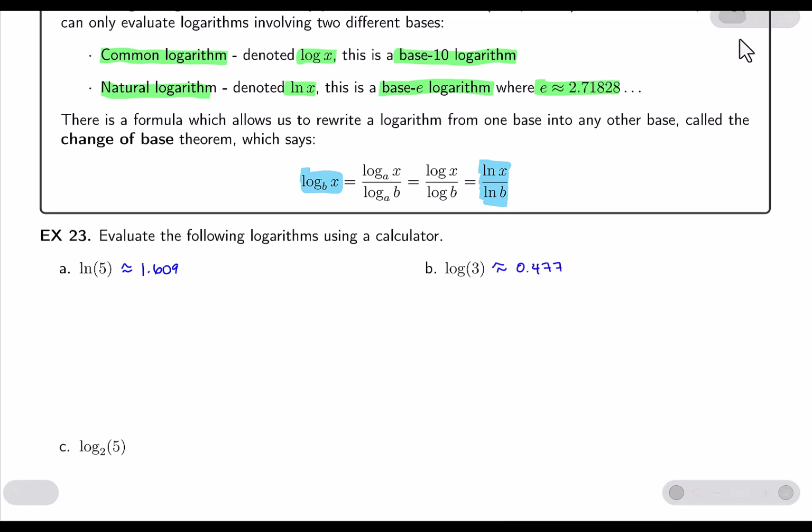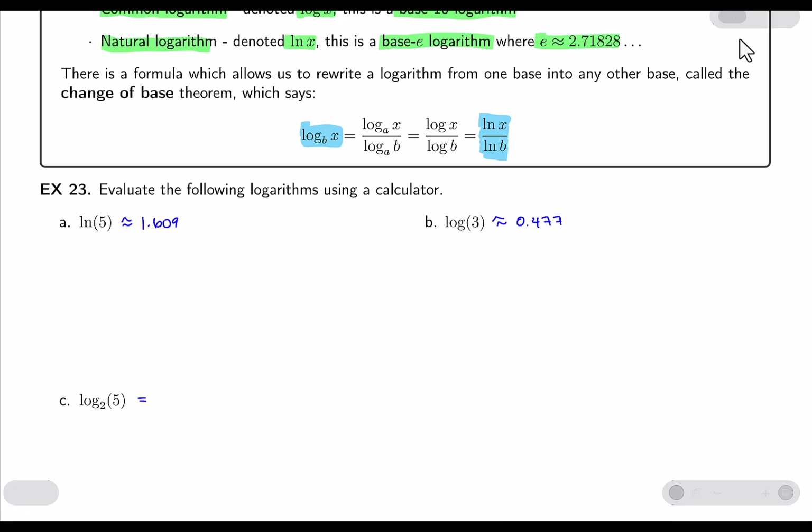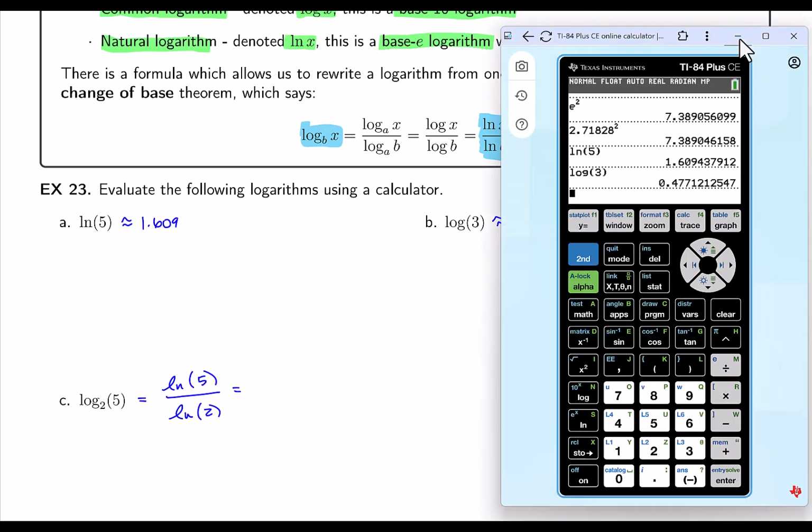Now, log base 2 of 5. To do this, you have to use the change of base formula. So you have to take the natural log of the argument, divided by the natural log of the original base. And that effectively changes the base to base e, which your calculator can do.